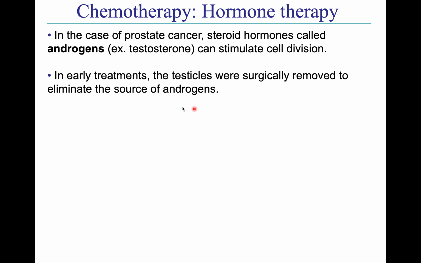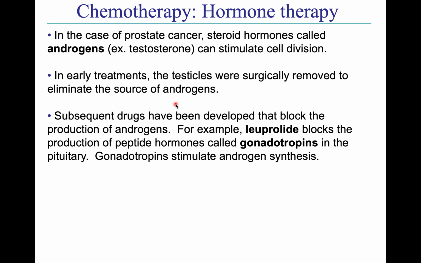Early treatments were basically physical castration to try to remove the source of androgens. Obviously, that's not ideal. So, luckily, they've come up with some quote-unquote chemical castration techniques. You could use something like leuprolide, which will block the production of these peptide hormones, these gonadotropins. The gonadotropins, in turn, would stimulate testosterone and androgen synthesis.